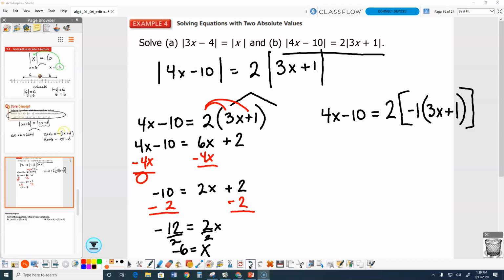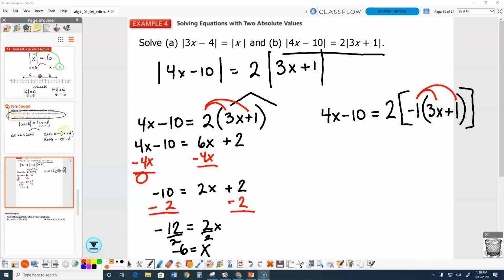Let me just go over to the other side here. What I need to do is use the distributive property to multiply this -1 through.